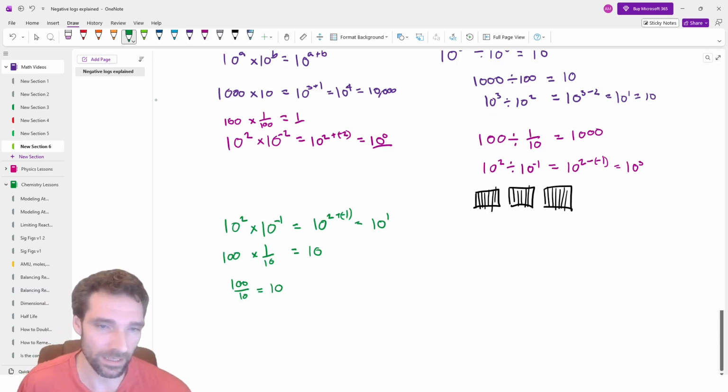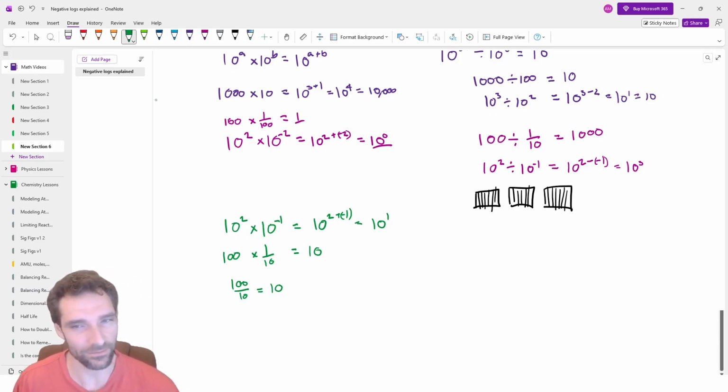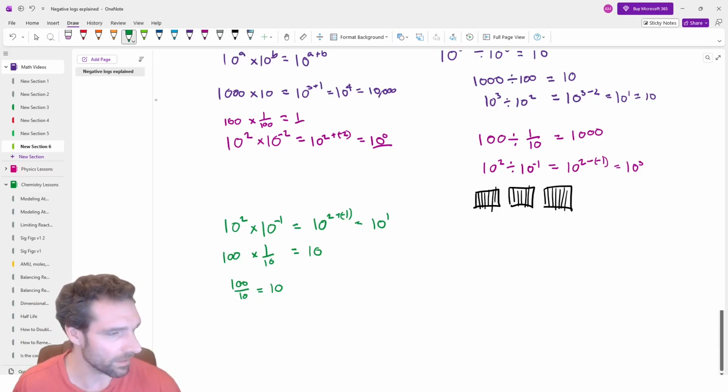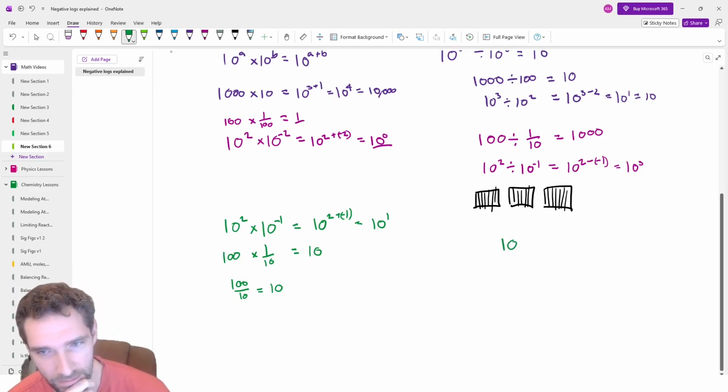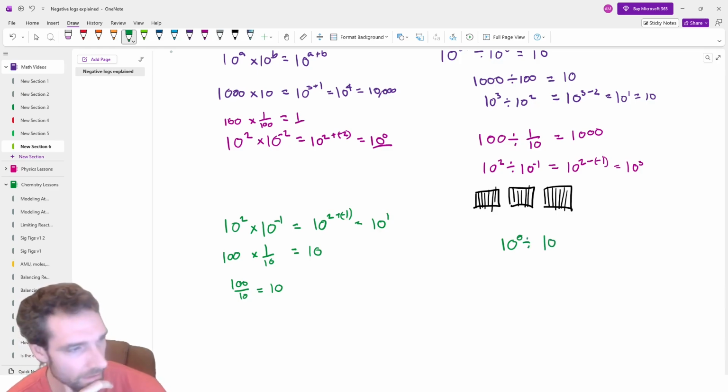So if we're trying to think about these exponent rules, these negative numbers need to be going into the denominator because they end up making the exponents smaller. And you can do this with even another value. Let's say that we've got 10 up to the 0th power, and we're dividing that by 10 up to the second power.